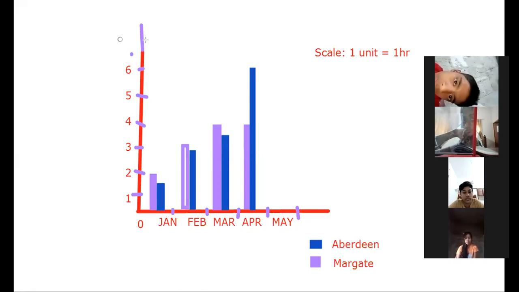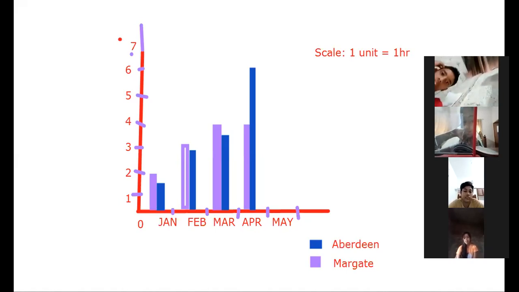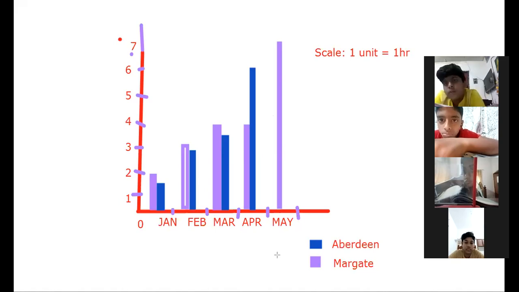Then we can mark 7 here, and 8 is above 7. So 7 3/4 means in between 7 and 8. We can locate that point maybe like here, and according to that, we can draw a bar like this.